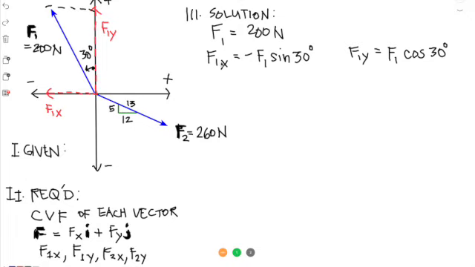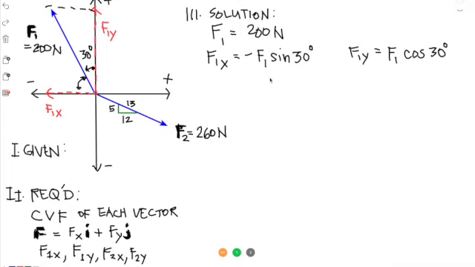Here for f1x, we use sine, since f1x is opposite the angle, and the same goes for f1y, which is adjacent to the angle. If it's the other way around, if the angle is measured here, that's obviously 60 degrees, so we can use 60, that would be negative f1 cosine of 60, and f1y would be equal to f1 sine of 60. That would be the same.